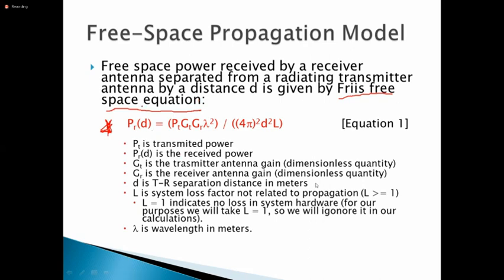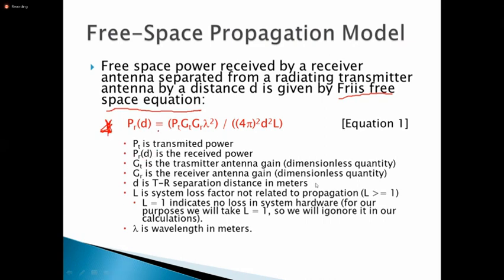Free space equation එකෙන් තමයි received power එක දෙන්නේ. හරිද? PT කියන්නේ මොකද්ද? Transmitted power එක. මේක තමයි transmitting antenna එකෙන් radiate කරන power එක. හරිද? PT.